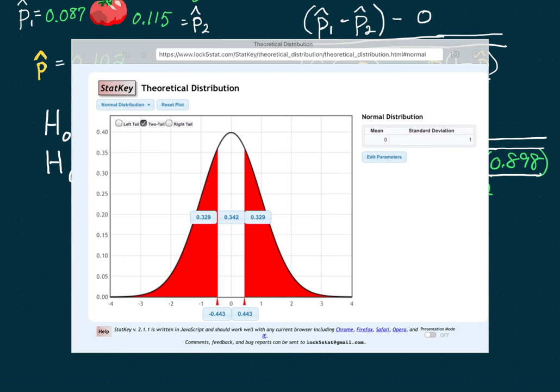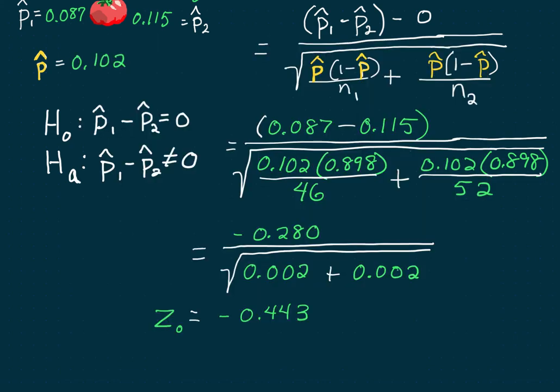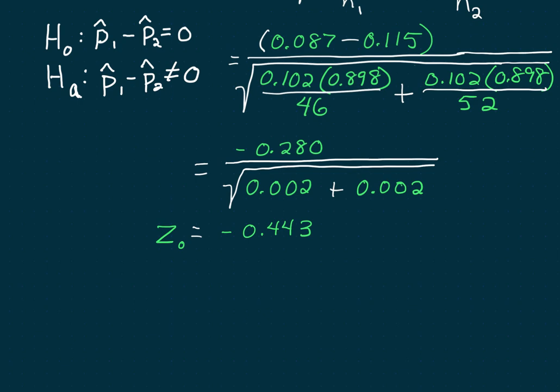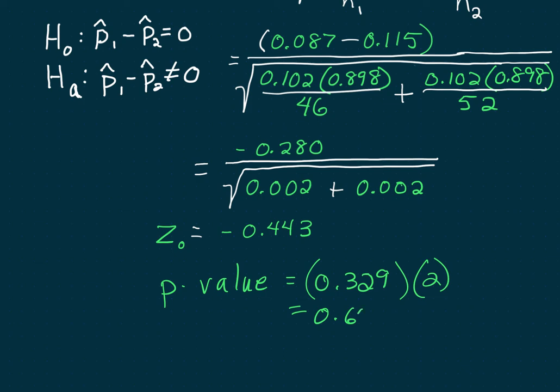So what we're going to be looking at is, let's get rid of StatKey here because we have our p-value. And our p-value was 0.329 times 2. And that is 0.658.